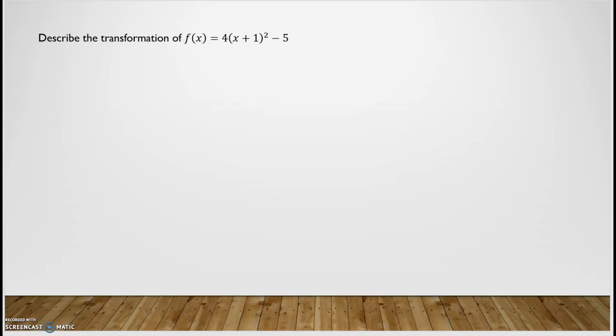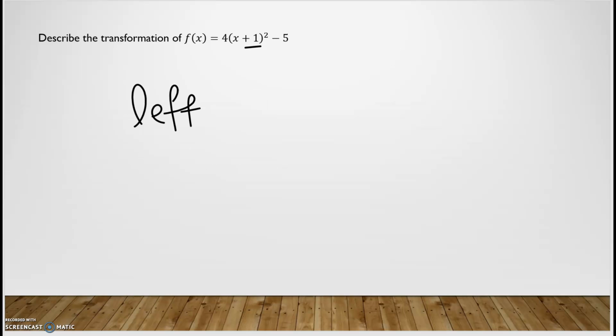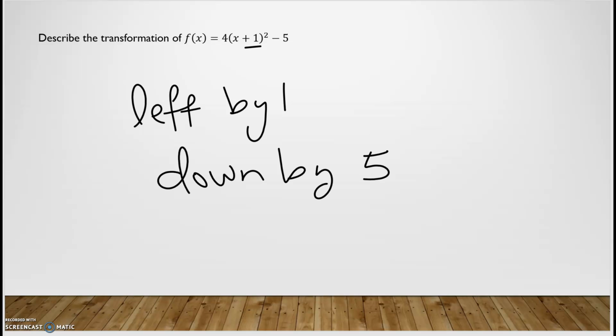Okay. Our main function here is x squared. So it looks like we went to the left because it's positive, just like this one over here. So left by 1 unit, down by 5 units because it's a negative 5. And then it looks like we've got a number right in front of the function.